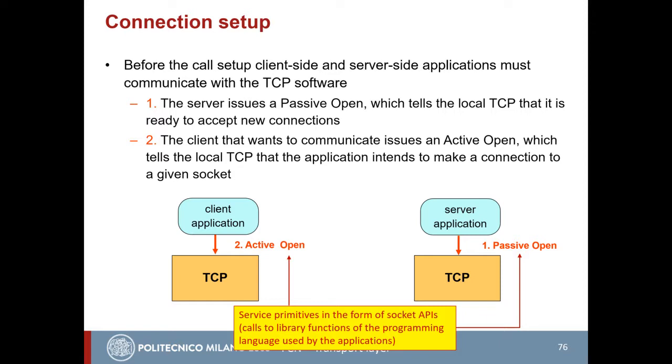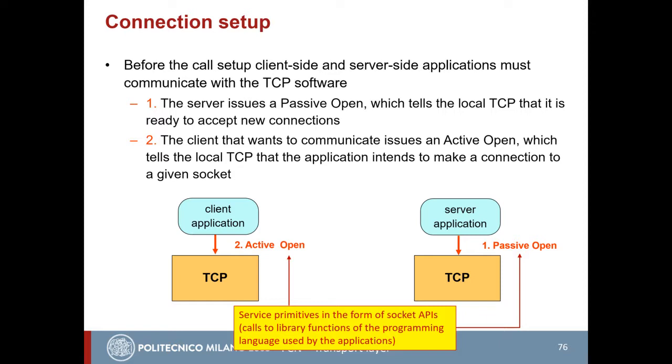When your client browser application wants to download an HTTP page from the server, at that moment the application sends an active open instruction to the operating system. So this is basically the first step in order to open the communication.